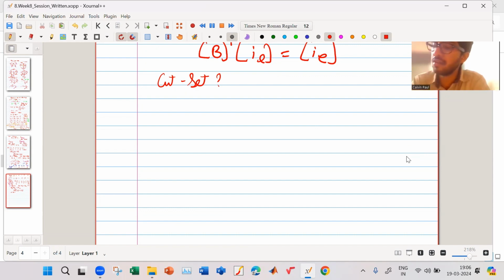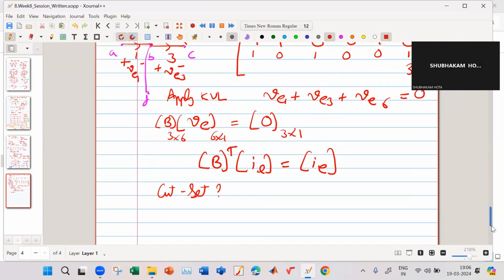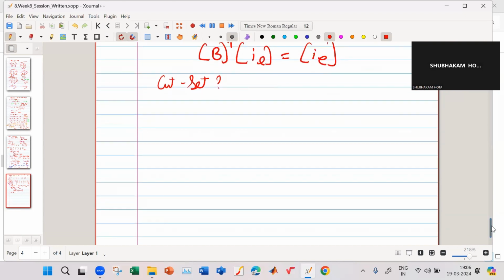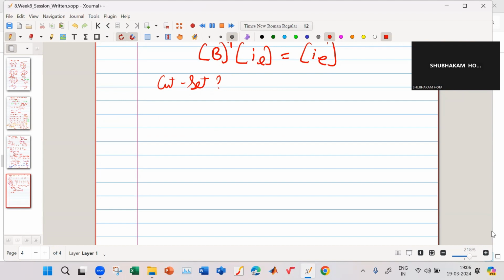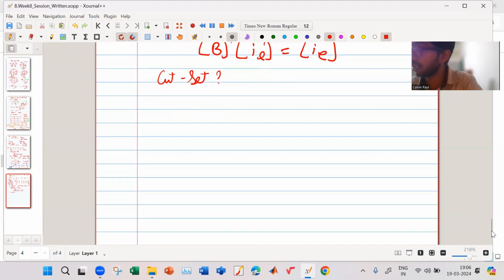And it must contain one twig. Yes. So let me draw a circuit.